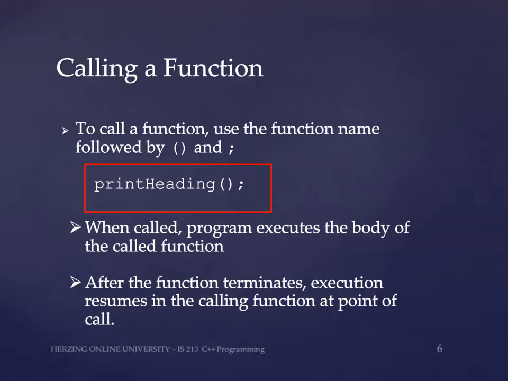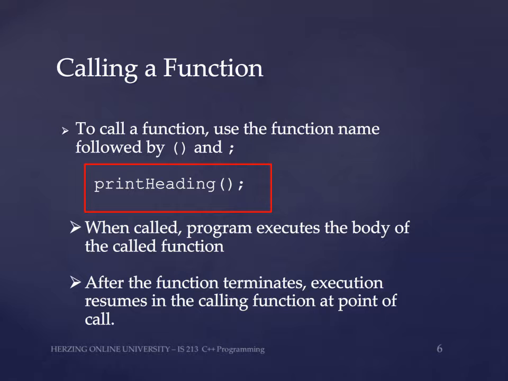Calling a function. The function call is made up of the function name followed by parentheses and a semicolon. When the function gets called, the program executes the body first. After the function terminates, the execution resumes in the calling function at the point of call. Remember that a C++ program always begins its execution with the main function.